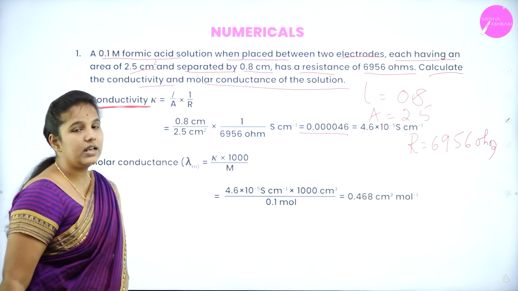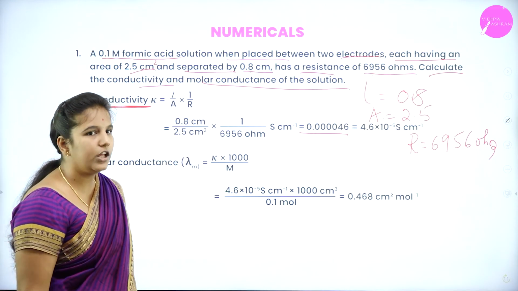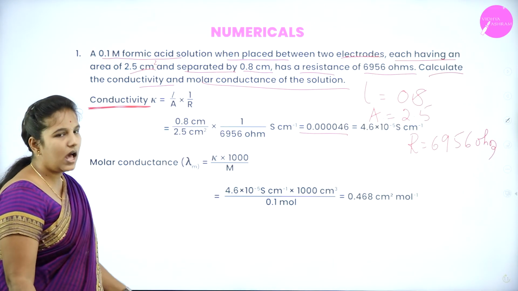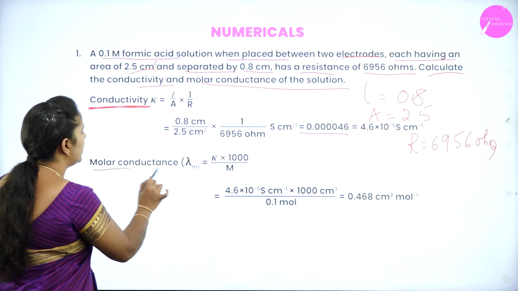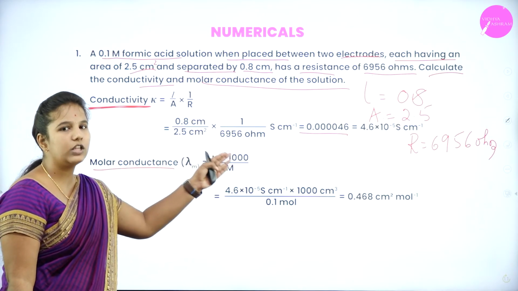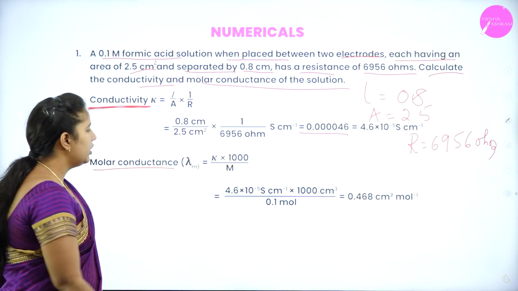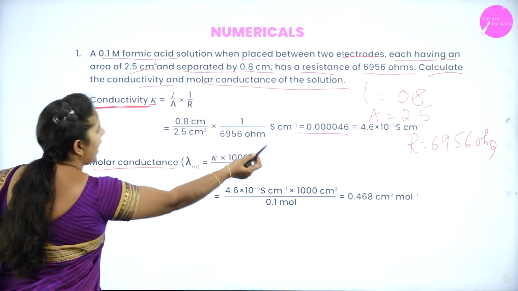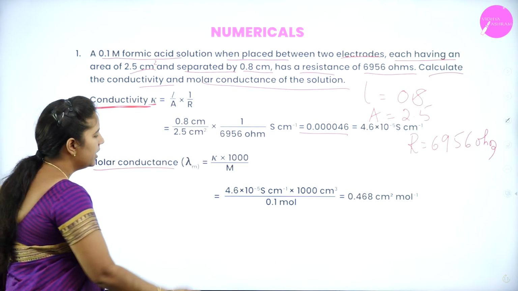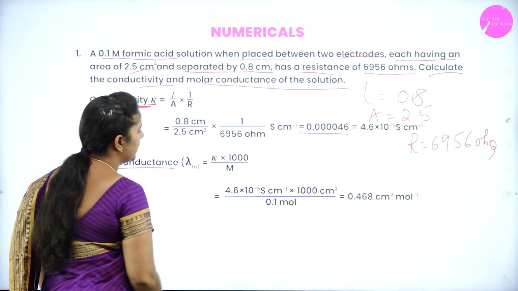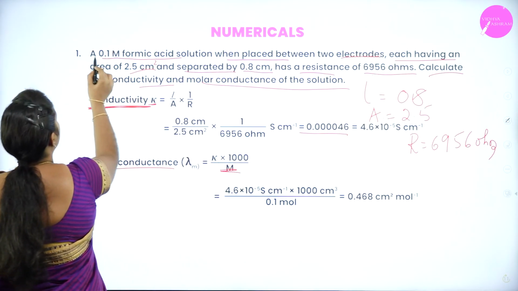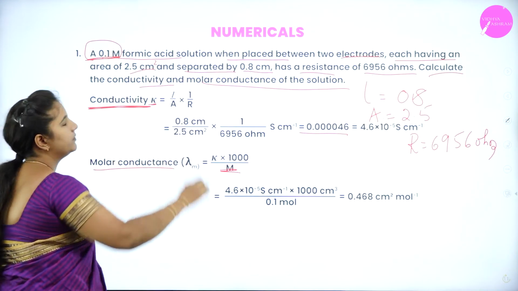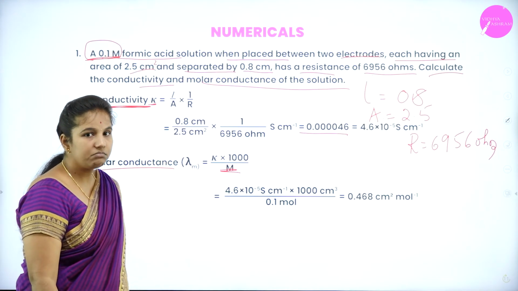They are also asking us to find the molar conductivity or the molar conductance. How to find this? We know that molar conductance is equal to K into 1000 divided by M. And we know the value for K as we obtained from this equation. So K into 1000 divided by M. What is the molarity of the given solution? That is 0.1, which is given at the beginning.